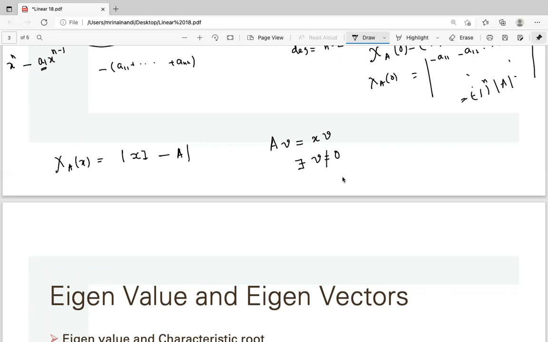So A is fixed, and the question is for which values of x you will get a non-zero V such that AV equal to xV. The answer is precisely this: we will get a non-zero V for those values of x for which the determinant of xI minus A is 0. This is if and only if.